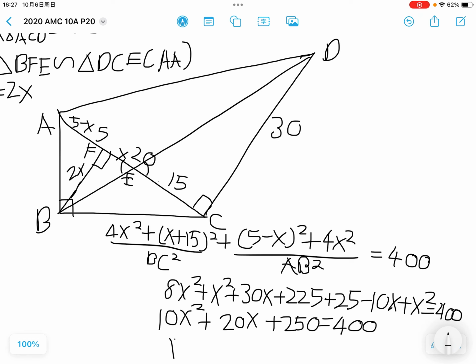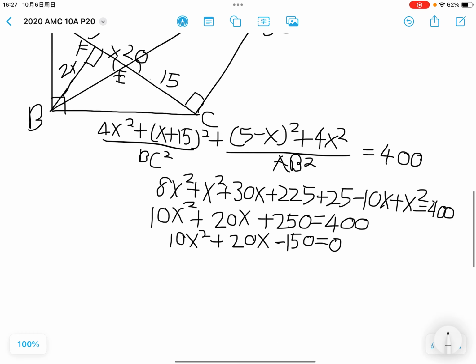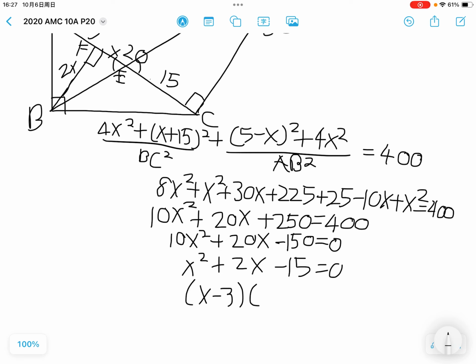Let's move 400 over. We have 10x squared plus 20x minus 150 equals 0. Let's divide both sides of the equation by 10. We have x squared plus 2x minus 15 equals 0. So we can factor this: x minus 3 times x plus 5 equals 0.